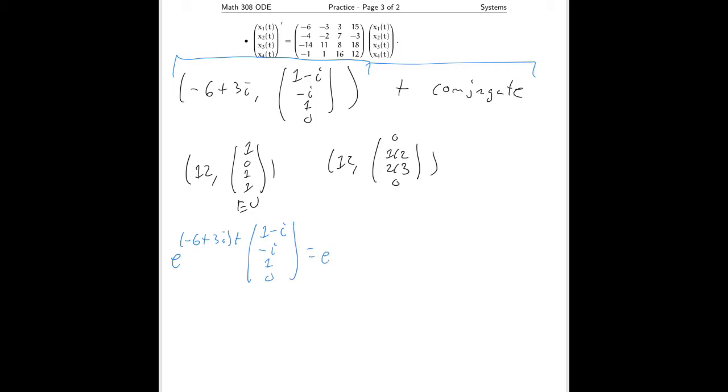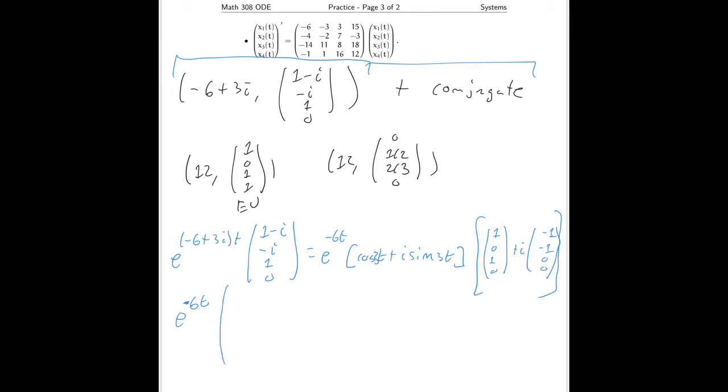Okay, so what is this equal to? This is e to the minus 6t times cosine 3t plus i sine 3t. And then now the vector, this is 1, 0, 1, 0 plus i times minus 1, 0, 0. Okay, and so the real part is going to be e to the minus 6t times the vector.